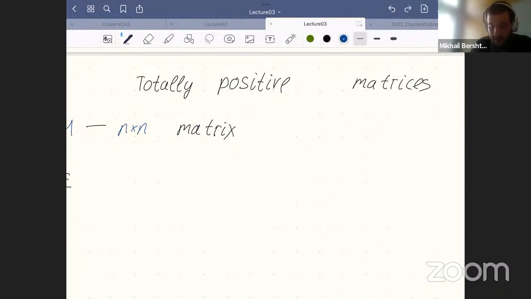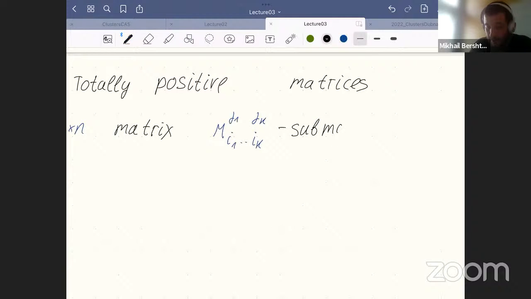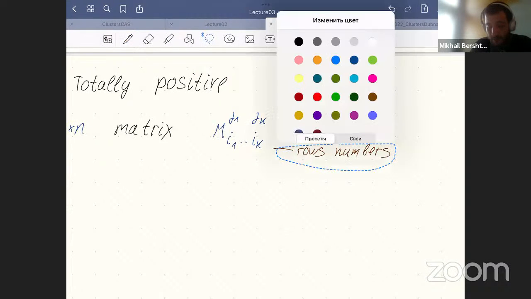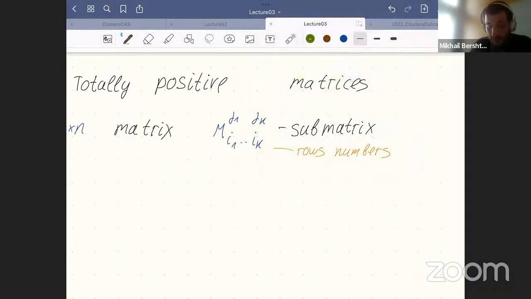I can denote its submatrix by M with row indices i_1, ..., i_k and column indices j_1, ..., j_k. Subscripts stand for rows, and superscripts stand for columns.